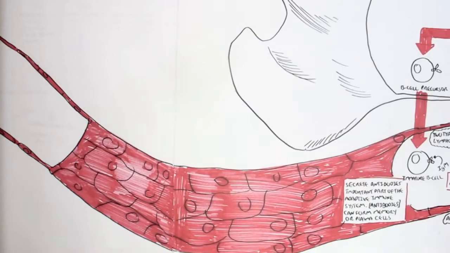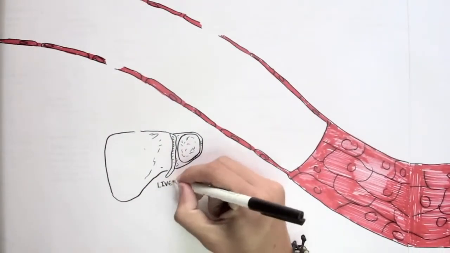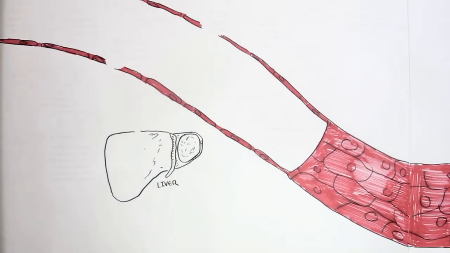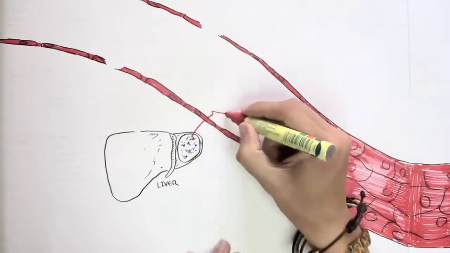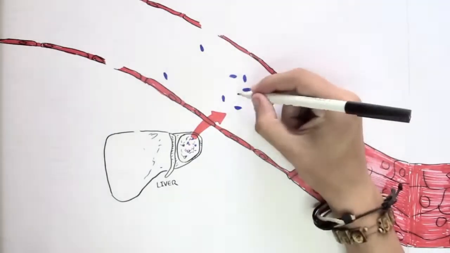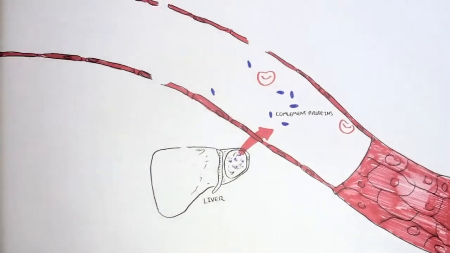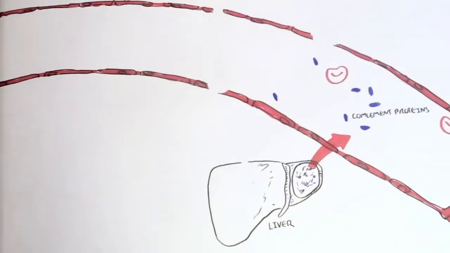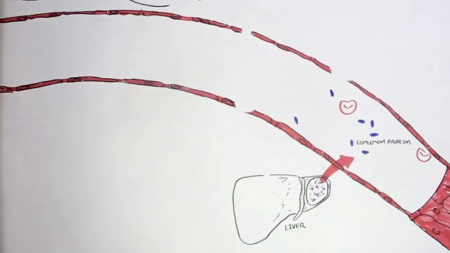So the bloodstream continues on, bringing these cells to different areas. We see the liver, an important organ in the immune system. It secretes many substances, and a very important one, secreted in an inactive form, is the complement proteins. The complement proteins, which we'll learn about in the next video, are important in the innate immune system to prevent invasion and to promote destruction of the pathogen.